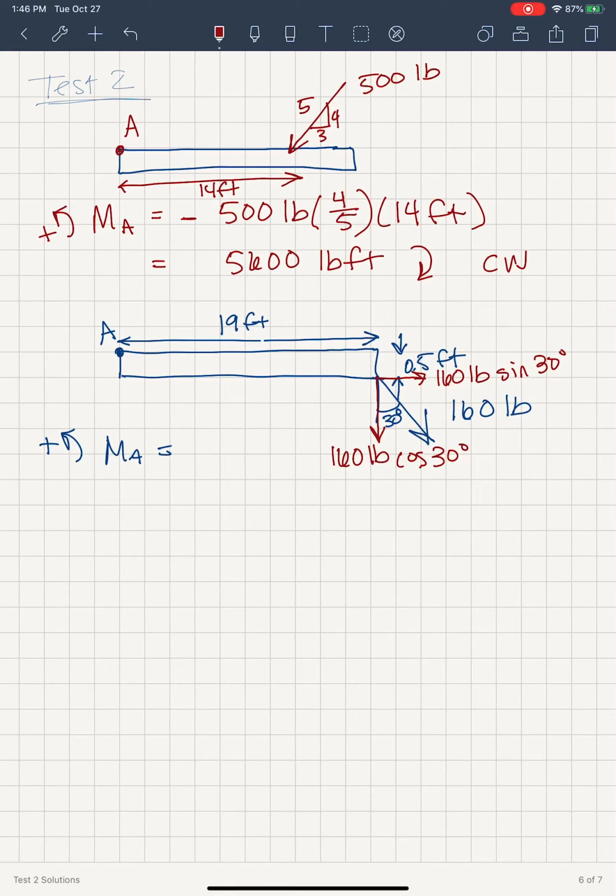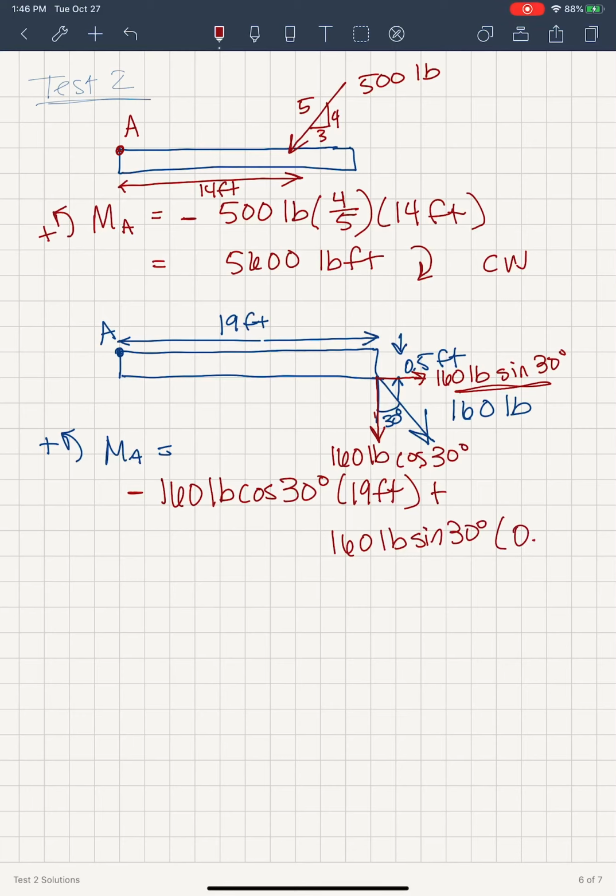So basically the moment about A is going to equal 160 pounds cosine of 30 degrees, and that perpendicular distance is this whole 19 feet. And that's going to be in the negative direction. And then we also have the moment due to this force that's 0.5 feet from there. And that's going to create a positive moment. So plus 160 pounds sine of 30 degrees times that perpendicular distance, which is 0.5 feet.